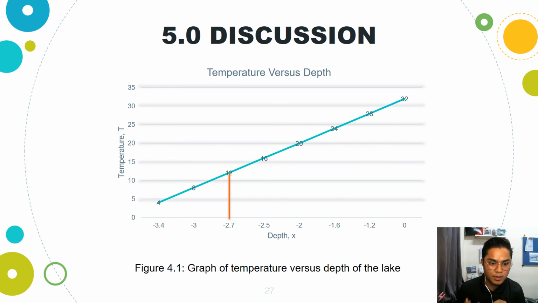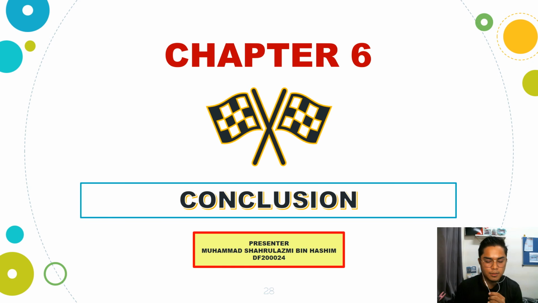Since the thermocline depth is 12 meters, we can assume that we are going to estimate the value of the fifth data as 5, such that the value obtained is negative 2.7 meters using the natural cubic spline. Now, we continue to Chapter 6, the conclusion.